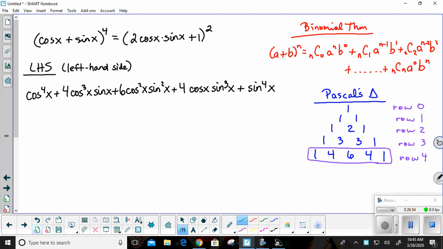I know, it's really ugly. That's just the left-hand side if I use the binomial theorem.